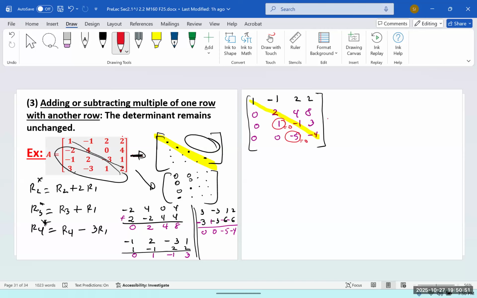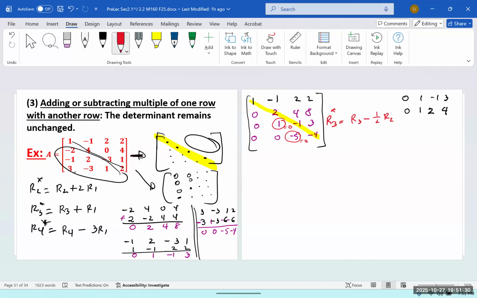Let's make this one 0, row 3. So new row 3 will be old row 3 and what? Half of row 2? Half of row 2, right? We can get this 0. So, current row 3, 0, 1, negative 1, 3, and half of row 2, 0, and then half of 2 is 1, half of 4 is 2, half of 8 is 4.